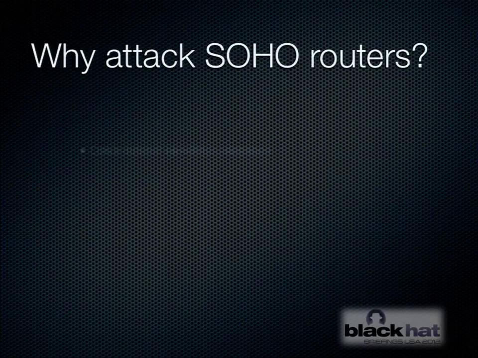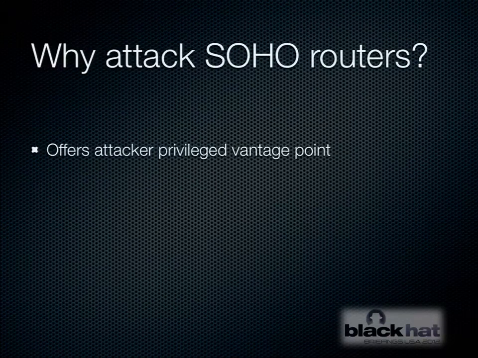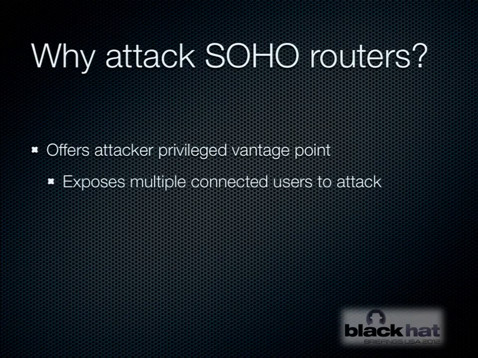All right, so why do we attack Soho routers to begin with? What's the motivation there? Well, a successful compromise of a wireless Soho router actually yields a pretty privileged vantage point to the attacker on a user's network. So for example, attacking and compromising one of these routers exposes potentially multiple connected users to subsequent attack.